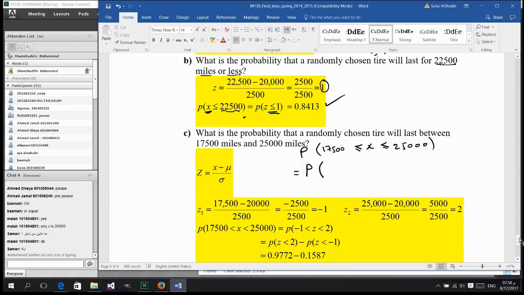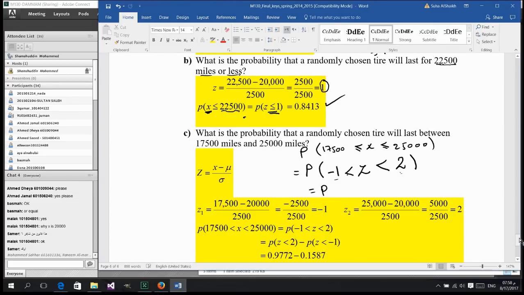If you change this to z, it is -1, and this will be 1 and this will be 2 you will get. Change these to z by subtracting 20,000 and dividing by 2,500.